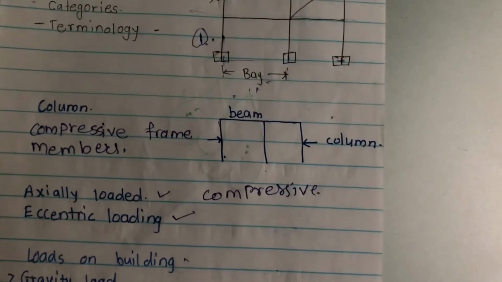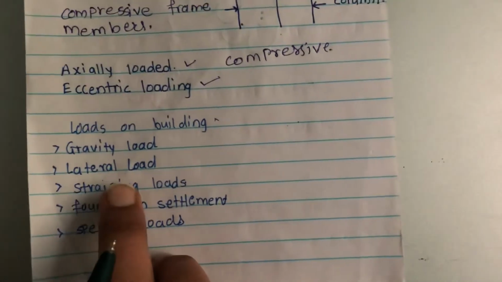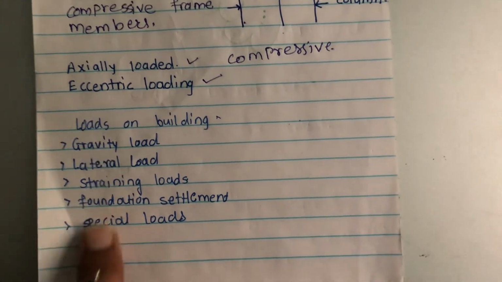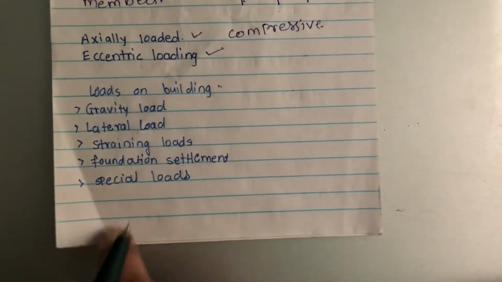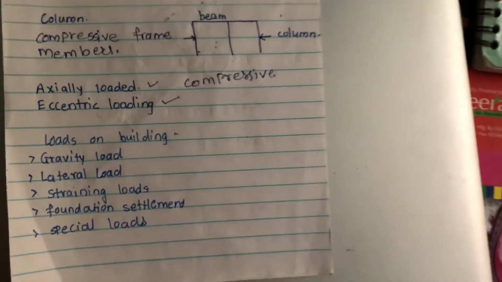So longitudinal. There are several types of loads on a building. These are gravity loads, lateral loads, straining loads, foundation settlements, and special loads. First we consider gravity loads.